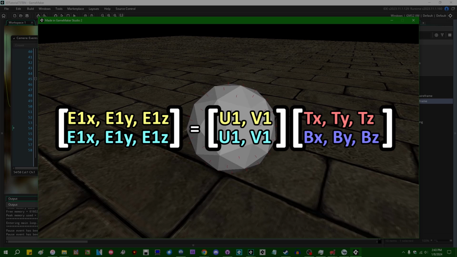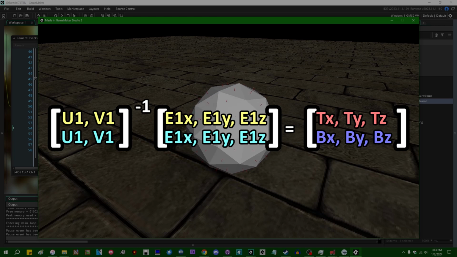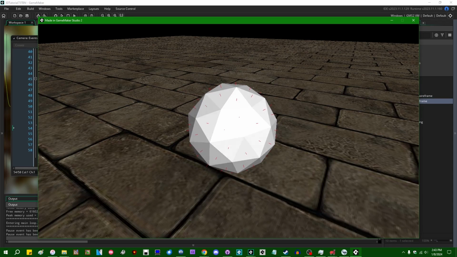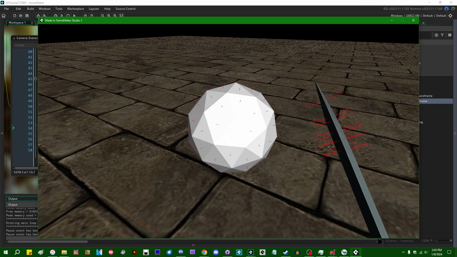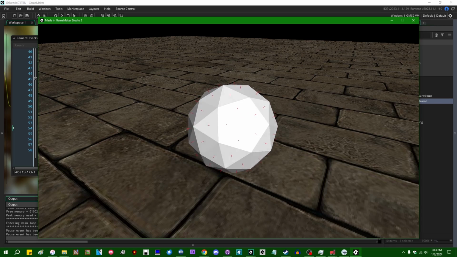So a matrix containing the edge vectors is going to be equal to a matrix containing the texture UVs multiplied by a matrix containing the tangent and bitangent vectors. And then you can shuffle that around. You can multiply both sides of that equation by an inverse matrix to get the tangent and bitangent vectors on their own. And if you're into matrix math, you should know what to do from here. And if not, don't worry, I'm going to walk you through it.